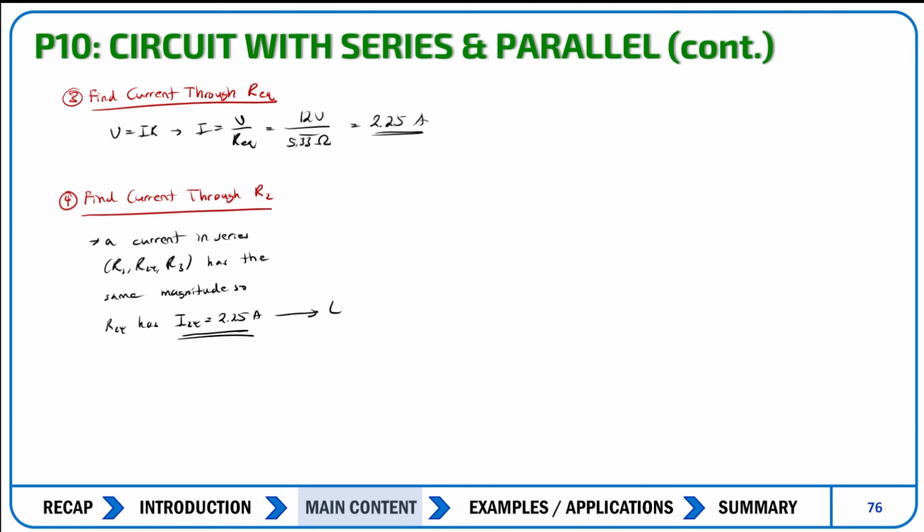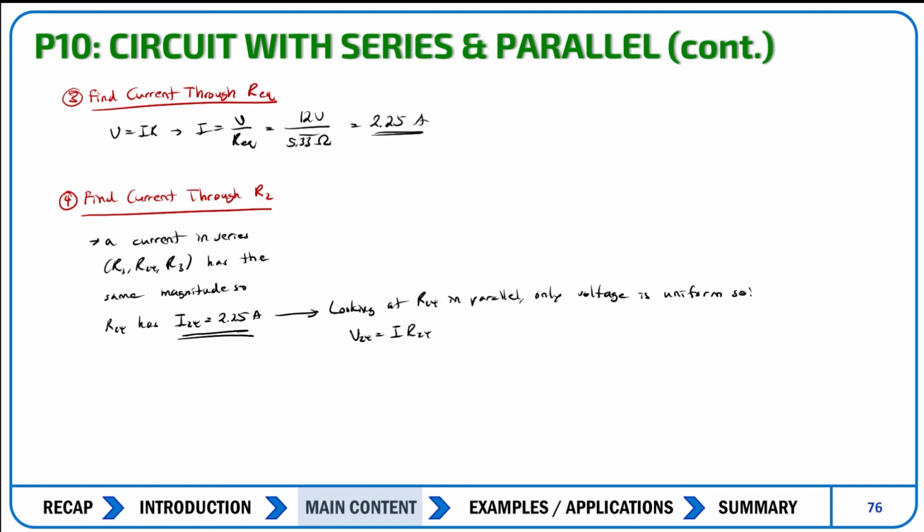Now looking at R24 in parallel, only voltage is uniform. So it means we have V24 is equal to I times R24.